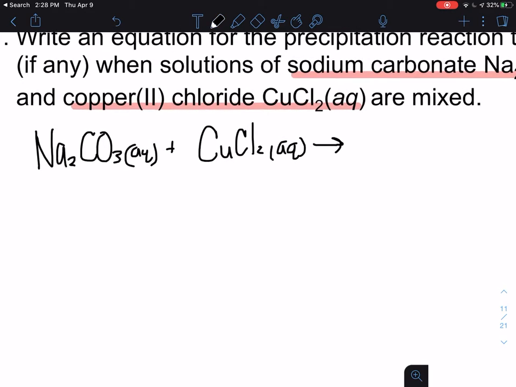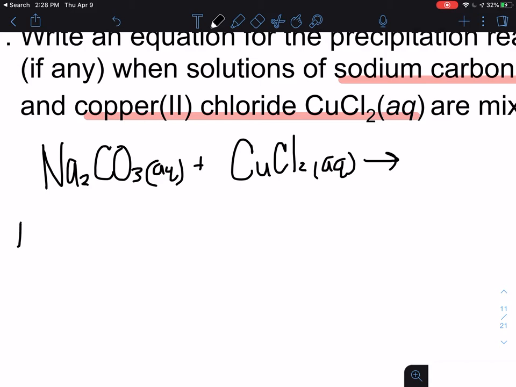So we have 2Na+, comma. Now I put the 2 here because I'm showing that there are 2 sodium cations when that dissociates in water, and for every 1 carbonate anion, CO3 2-.